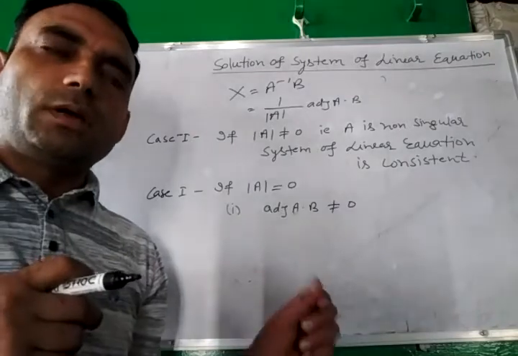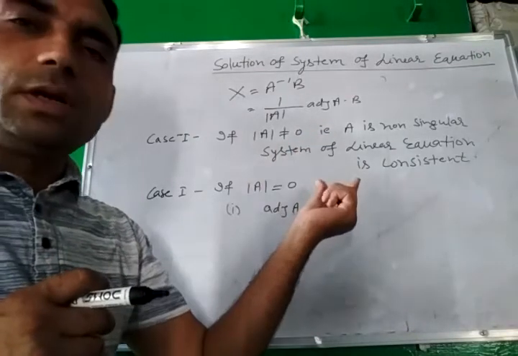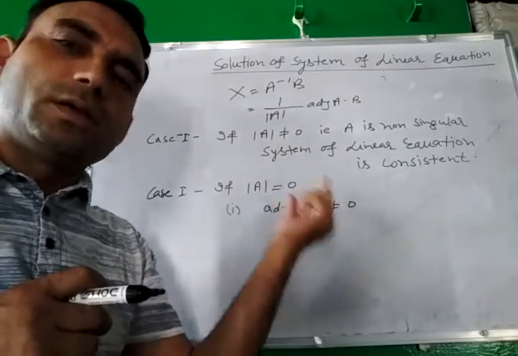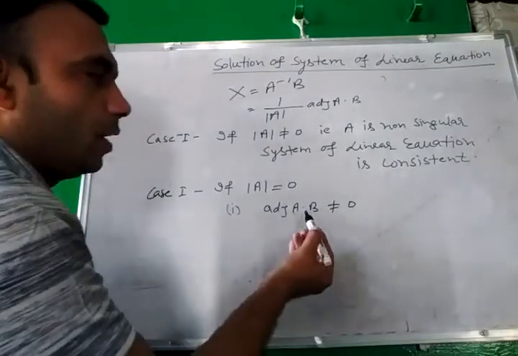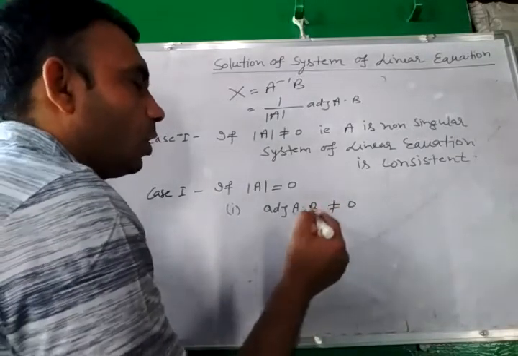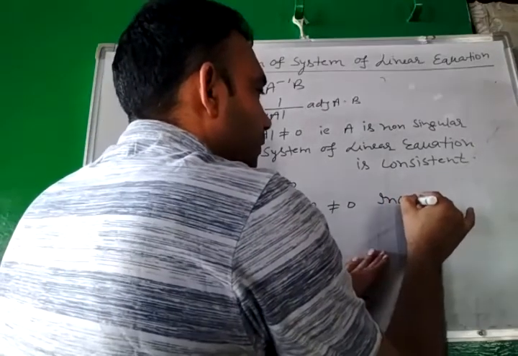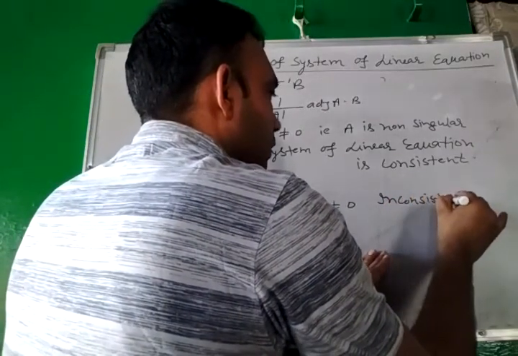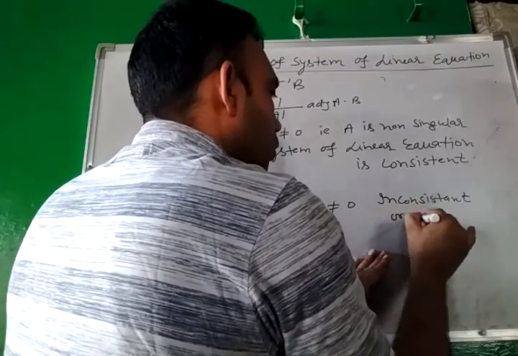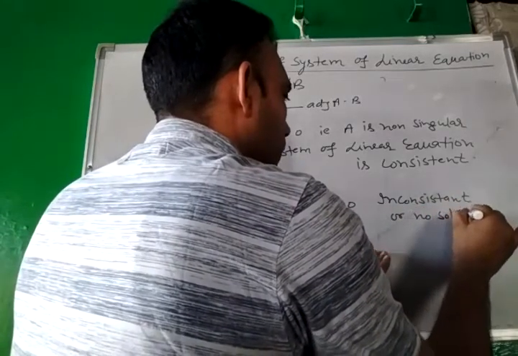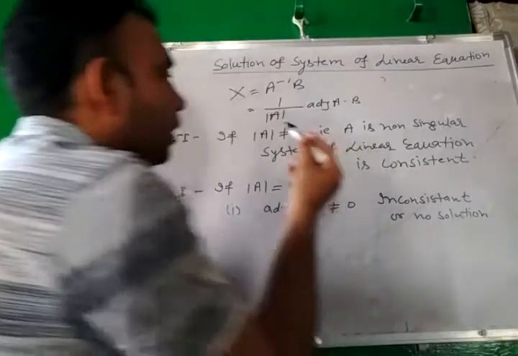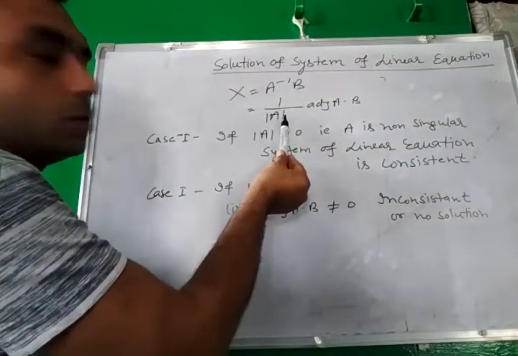So the system has no solution and the condition is called inconsistent. So if adjoint of A into B is not equal to 0, then the system is inconsistent, or has no solution. Why? Because determinant of A is equal to 0.